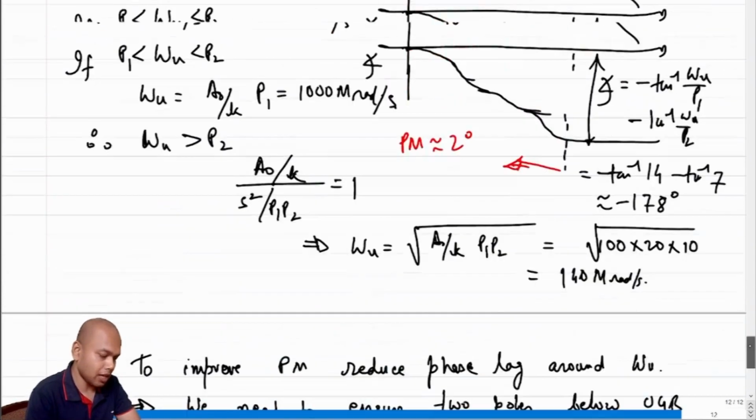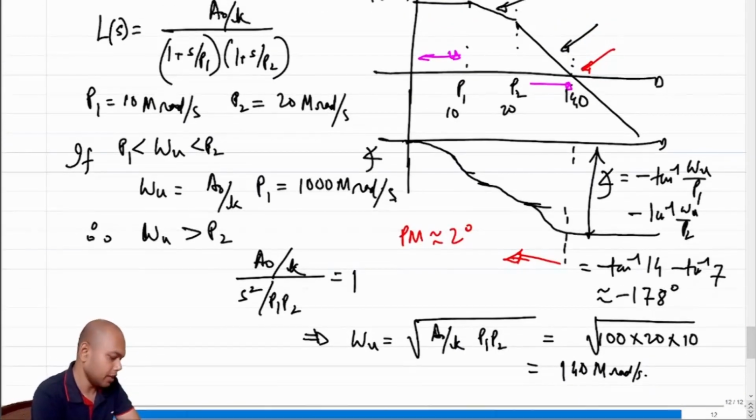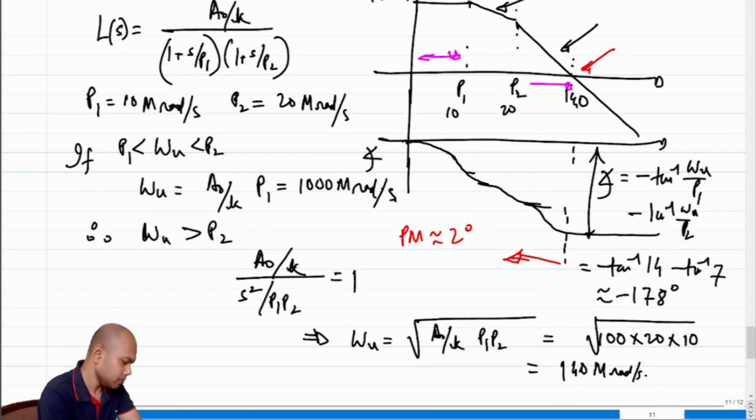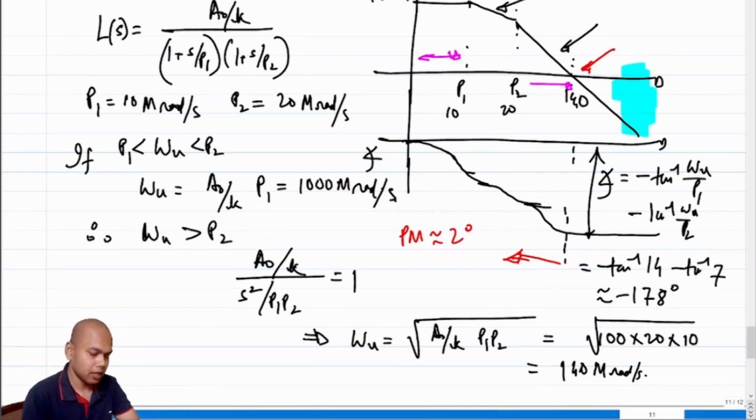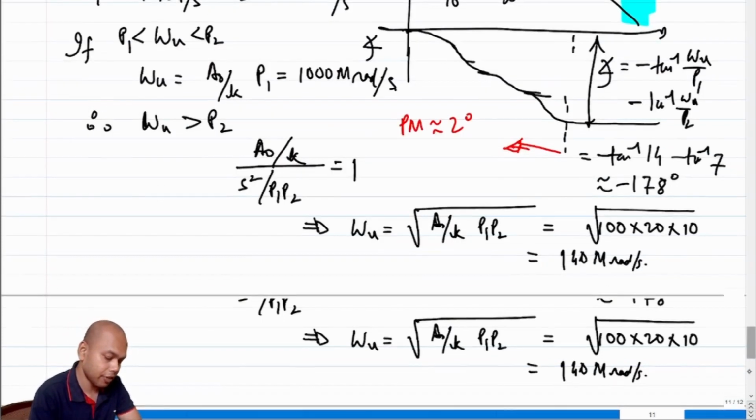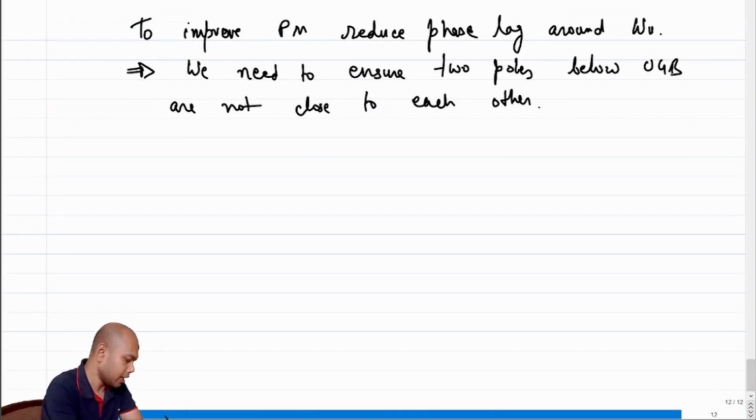If the poles are at higher frequency, if the poles are somewhere here above UGB, their contribution will be minus tan inverse omega u by that pole, but that pole is at high frequency, which means they are giving relatively less phase lag, right? So low frequency pole gives high phase lag, high frequency pole gives low phase lag, right?